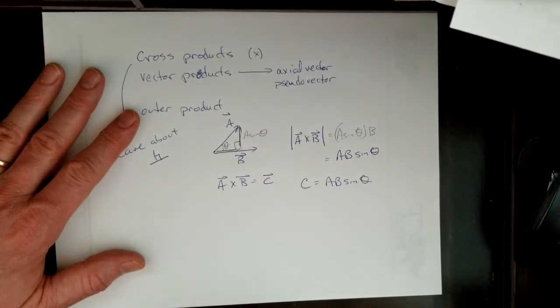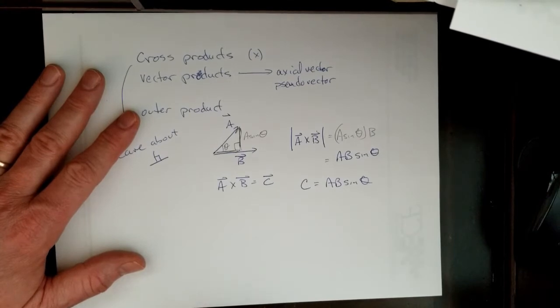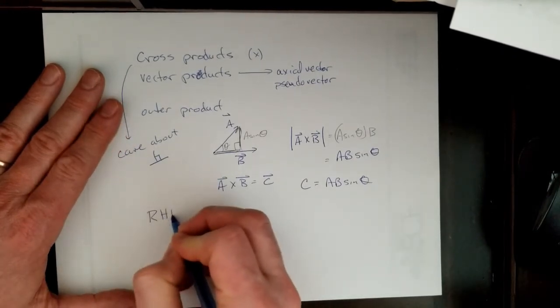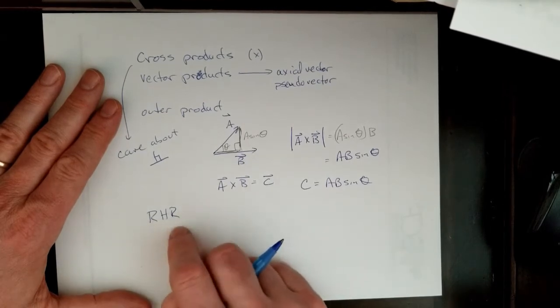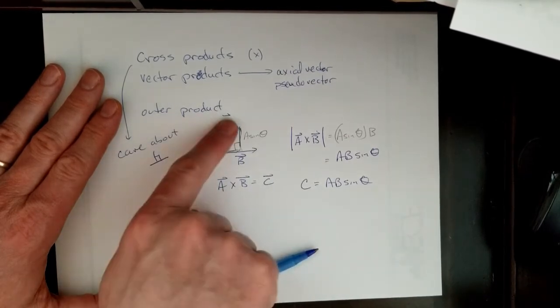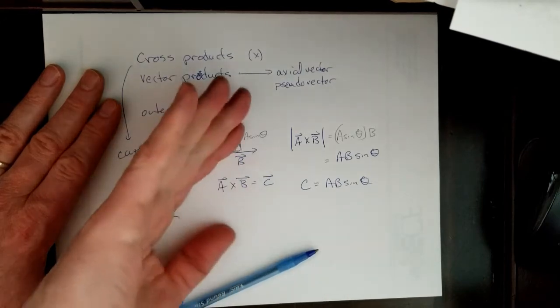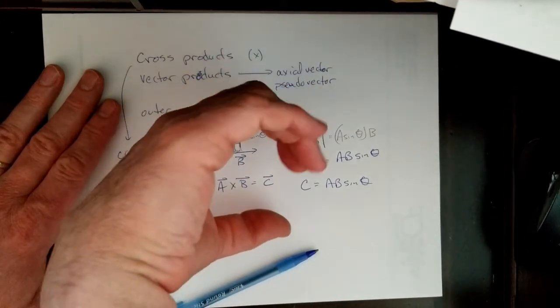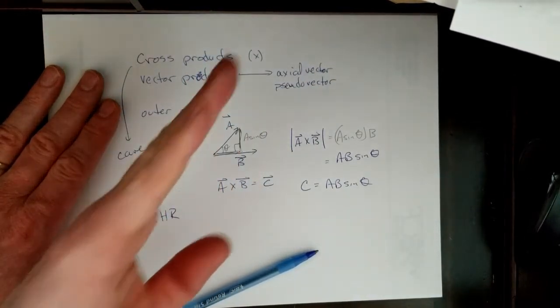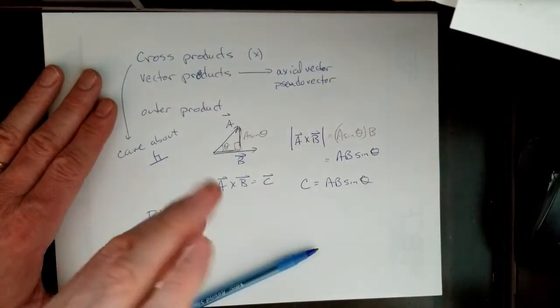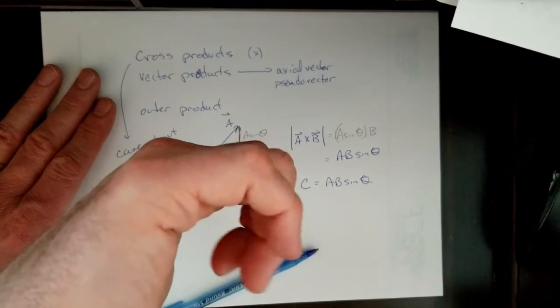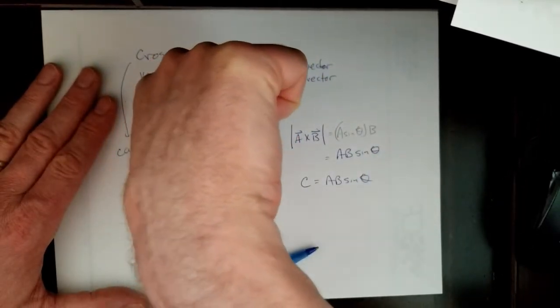But what is the direction of C? And for this we bring in the right-hand rule, generally abbreviated as just RHR. Right-hand rule is you put your hand in the direction of the first vector, which is A, and then you want your fingers to bend so that they bend the easiest way towards the second vector. So if A is pointing this way and B is pointing that way, I want my fingers to bend the easiest way to get to B. My thumb points downwards, away from the camera at the moment.